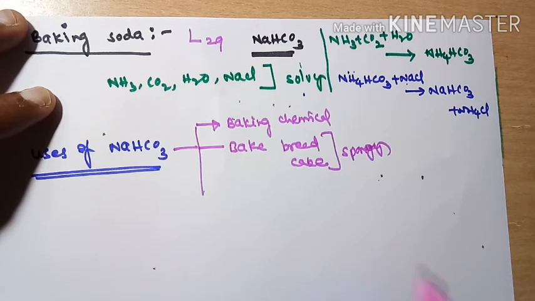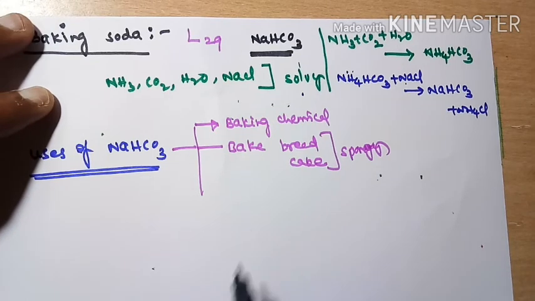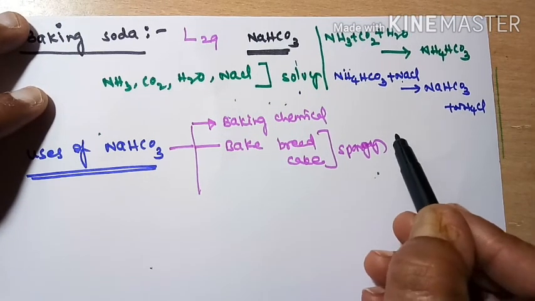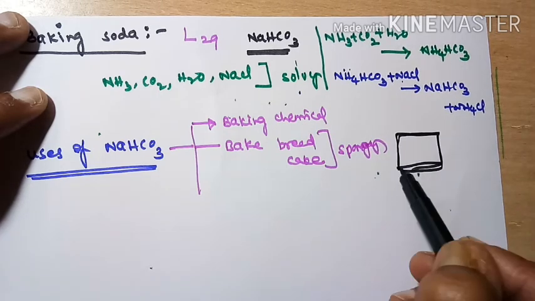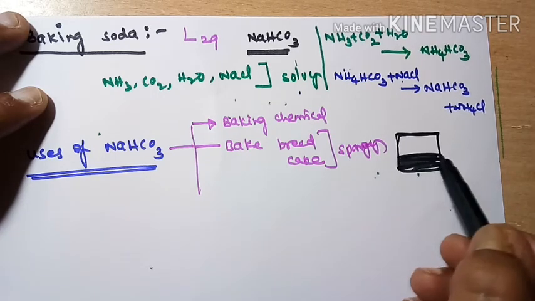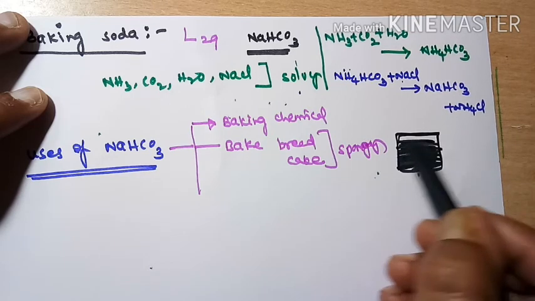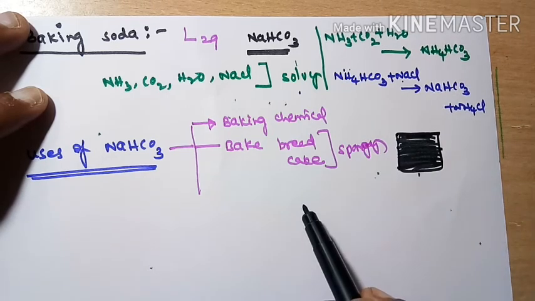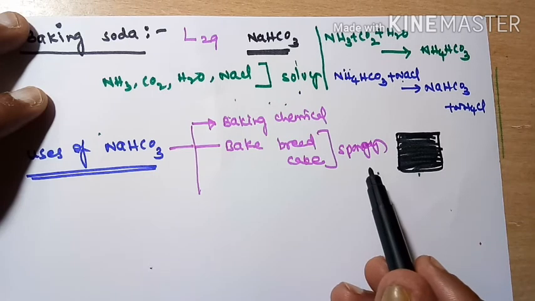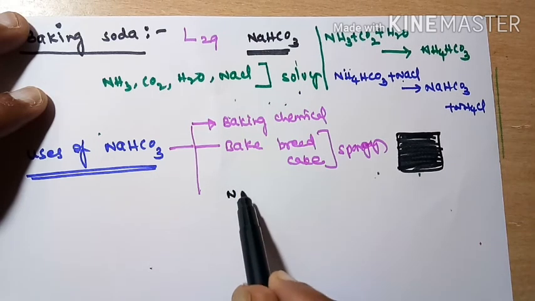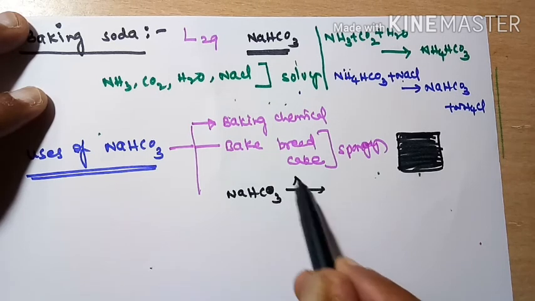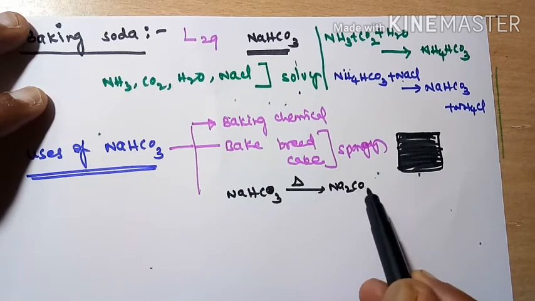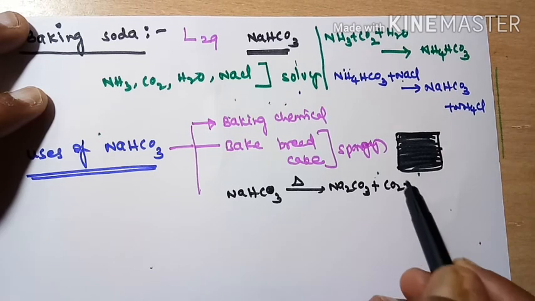How does it give the spongy nature to the material? Whenever baking soda is added to the food material, which we prepare as a slurry-like material, and we heat or bake it, the sodium bicarbonate decomposes and forms sodium carbonate, carbon dioxide and water vapor.